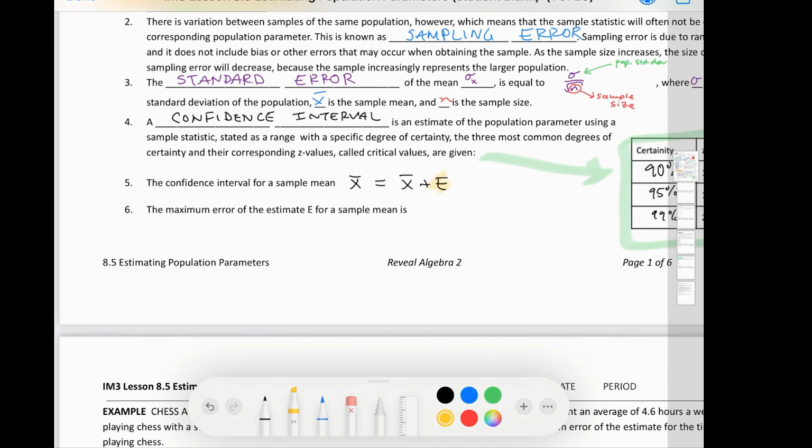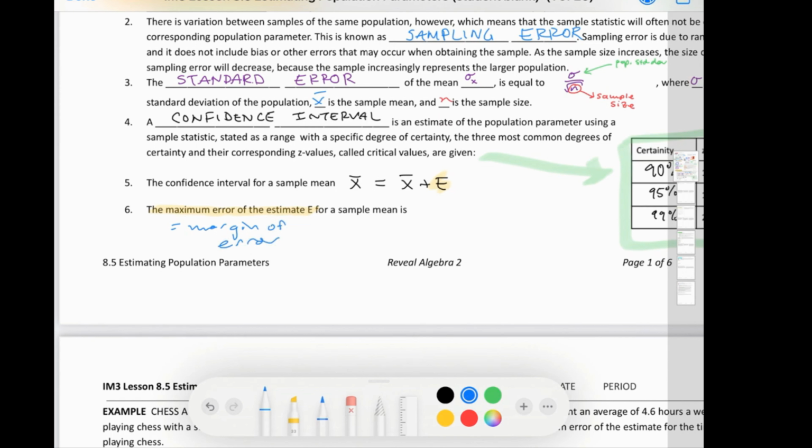Well, E is the maximum error of the estimate between the population parameter and its actual value. The maximum error of the estimate is also called the margin of error. Margin of error, let's write that.